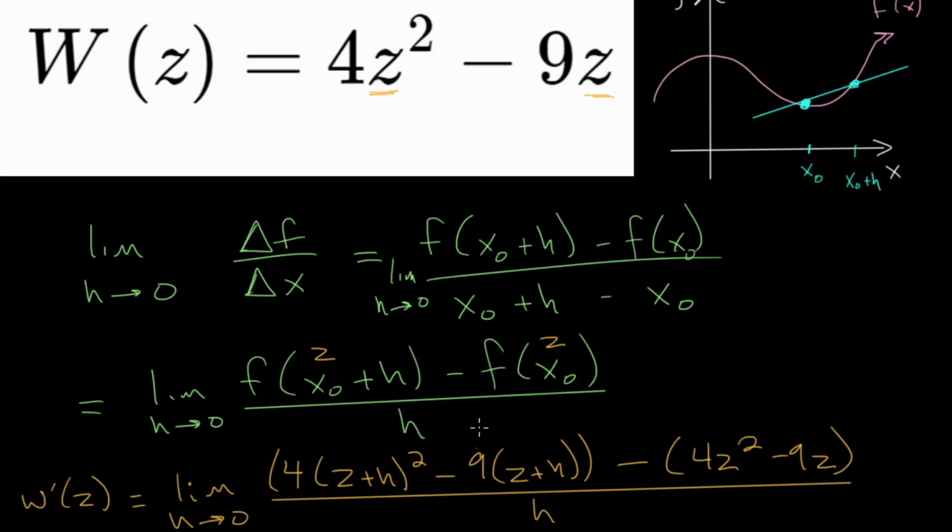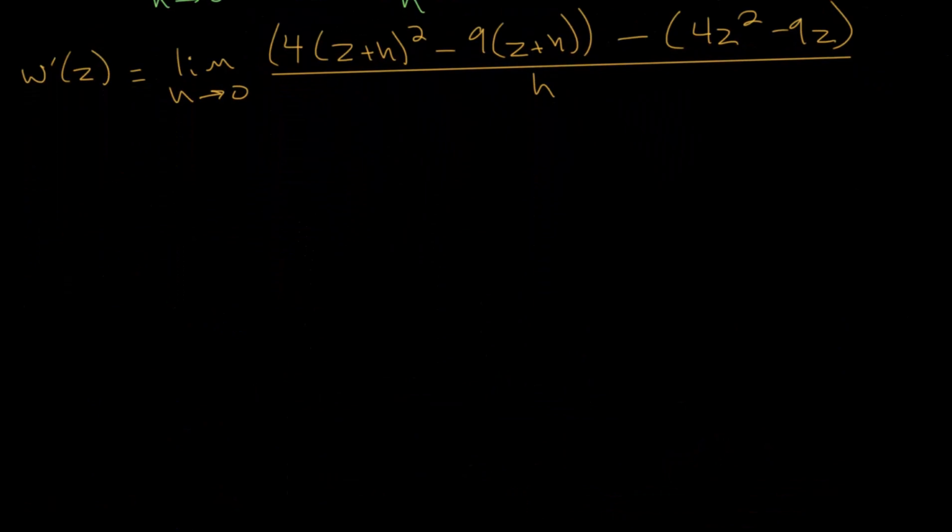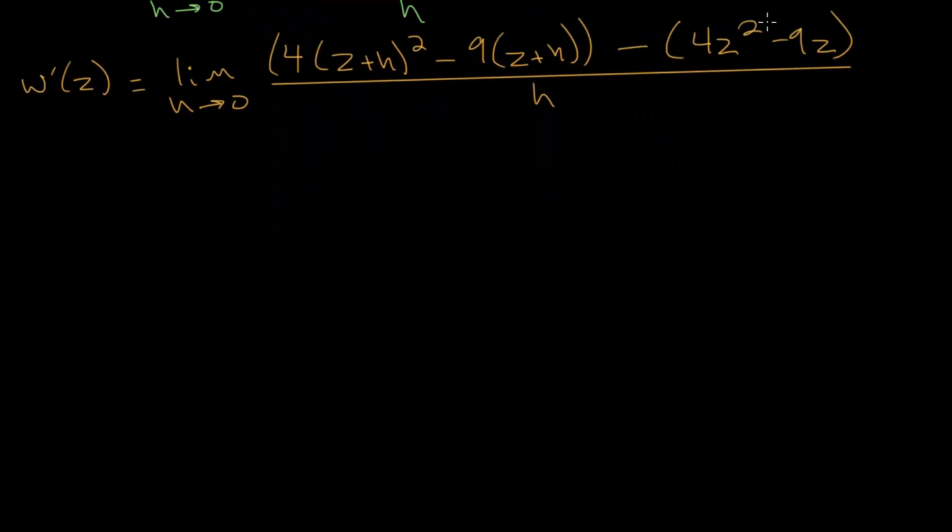And now that we've applied our definition of the derivative, we just need to simplify this quotient here and then take the limit as h approaches 0. Basically, we just need to expand this term here. So we have the limit as h approaches 0, and we'll multiply out this quadratic.